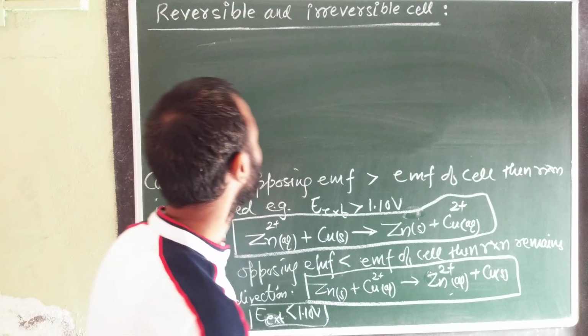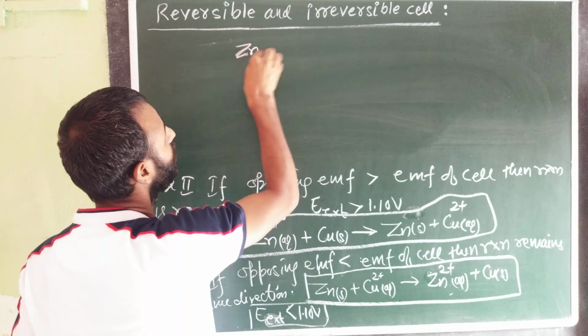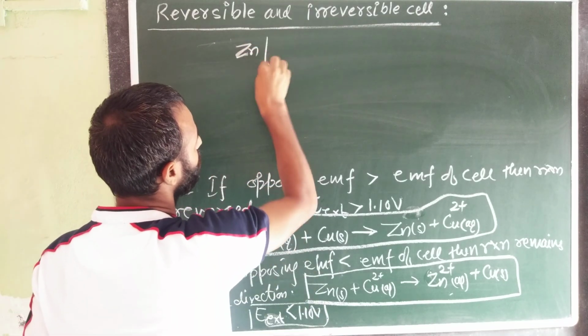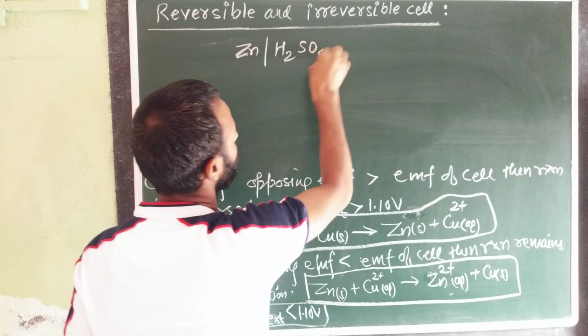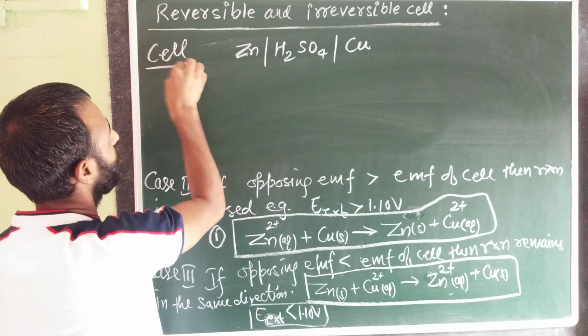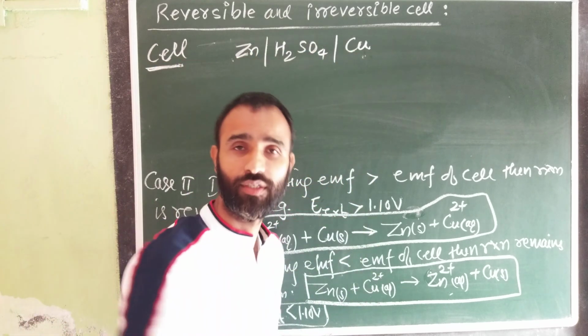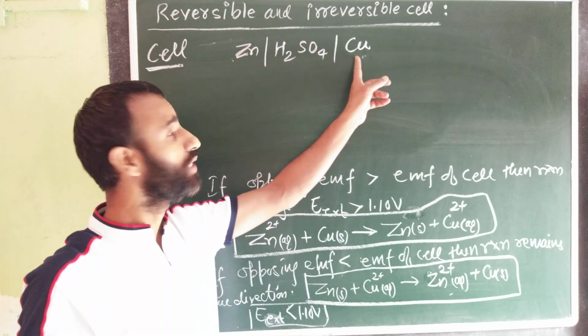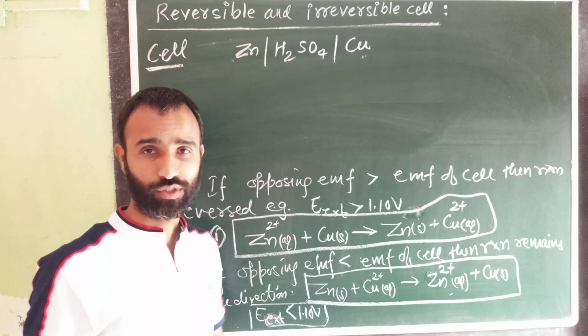For example, if we have zinc and copper both in H2SO4, let us take this cell in which zinc and copper electrodes are immersed in H2SO4 solution.